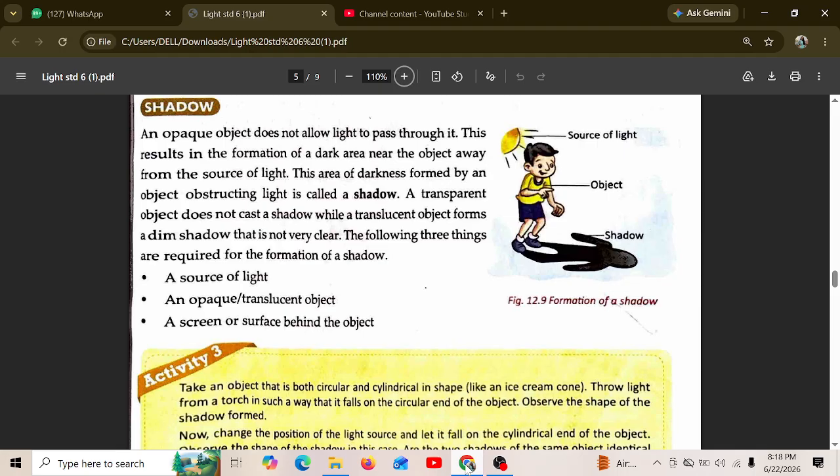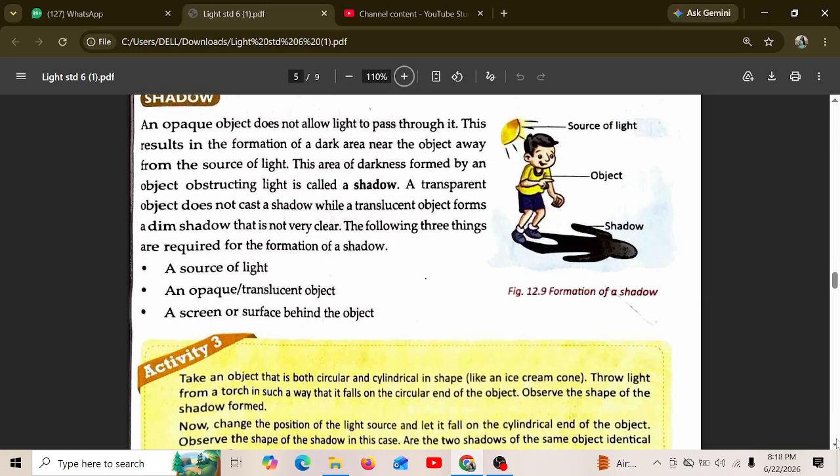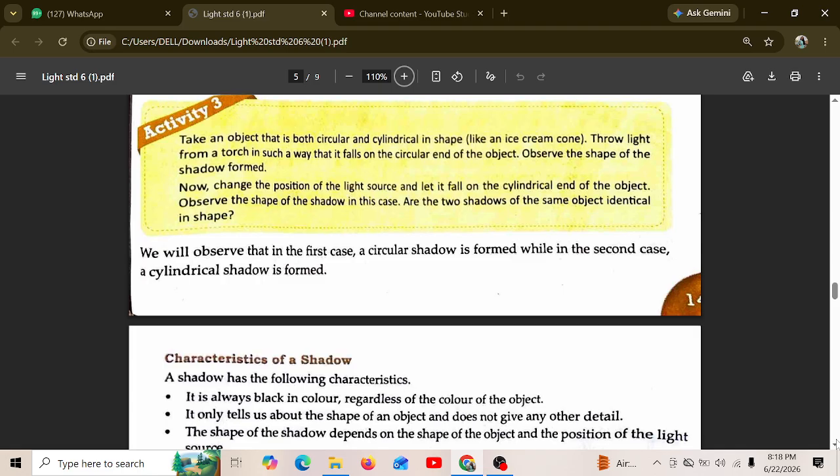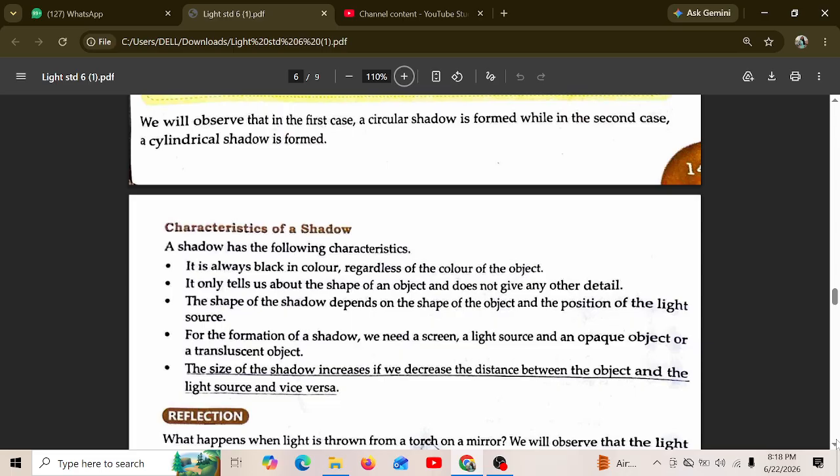Okay. Now, what are the characteristics of a shadow? A shadow is always black in color regardless of the color of the object.